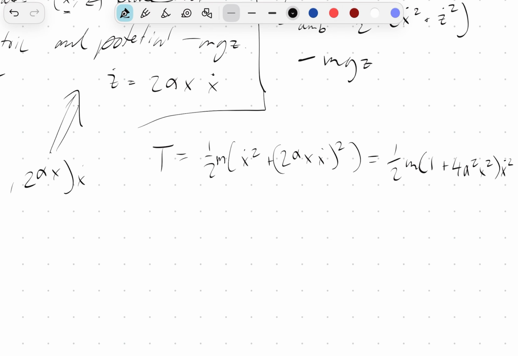Okay, and this factor is multiplying everything, and that gives us an induced metric.